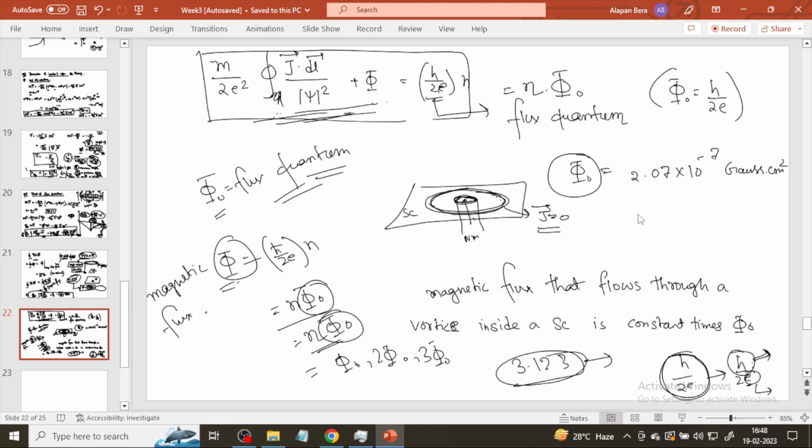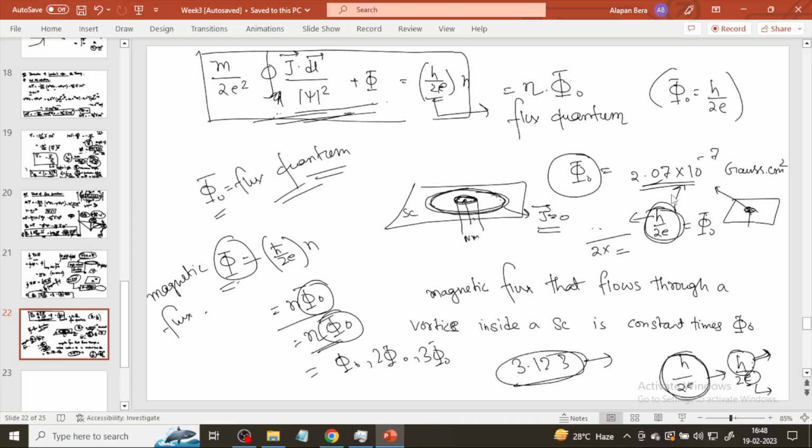Okay, so by measuring this flux quantum phi naught, you take the value of h cut here and 2 times the electron charge here. So this is the ratio, and now if you do the measurement on a superconductor and try to measure the magnetic flux that is flowing through a vortice, you can verify that the magnetic flux passing through the superconductor is very close to this value.